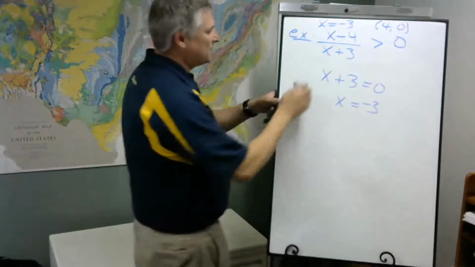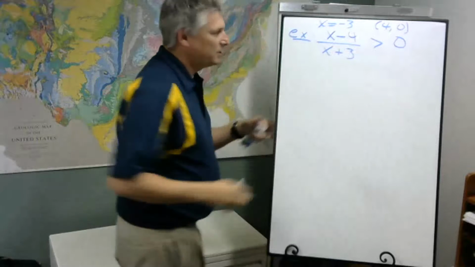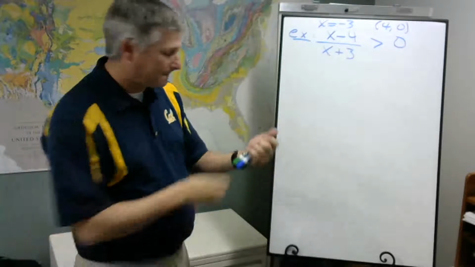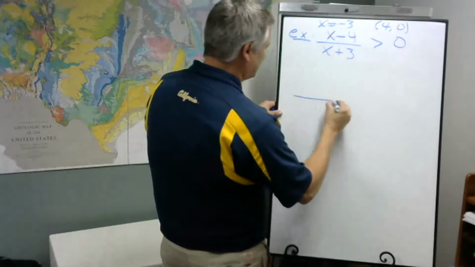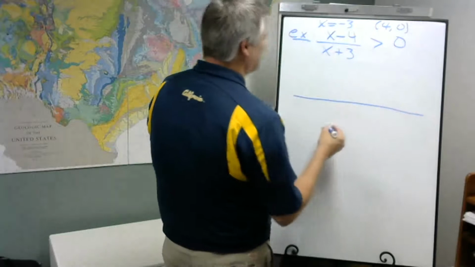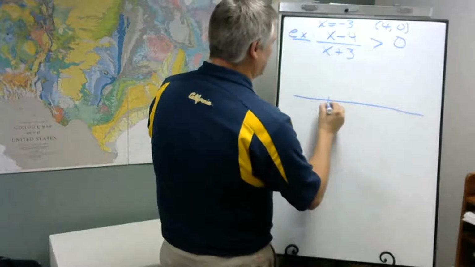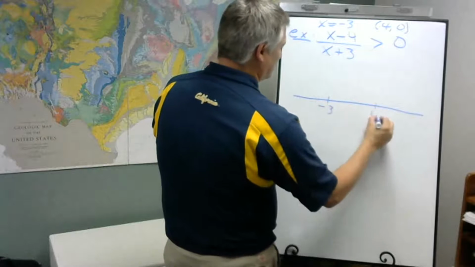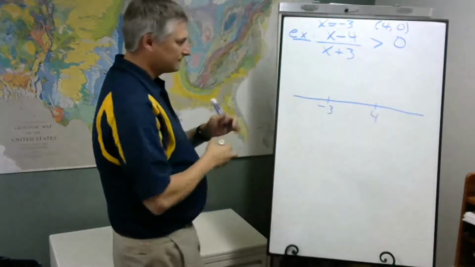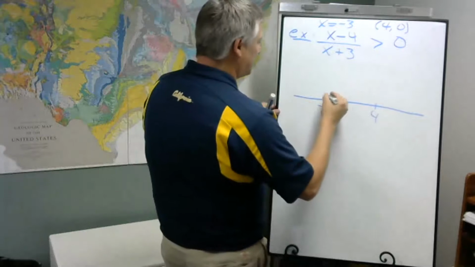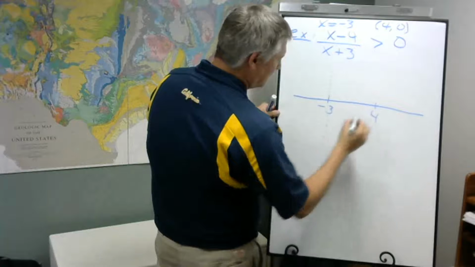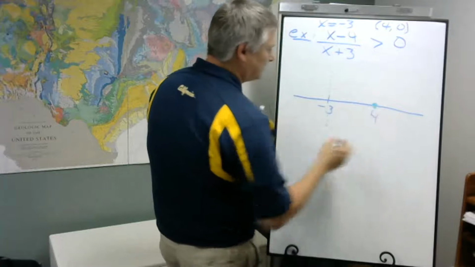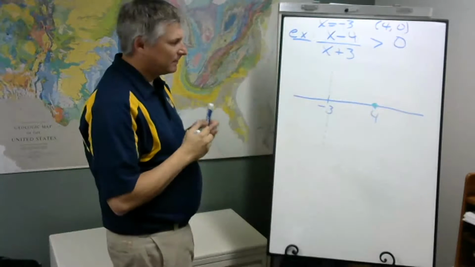So these are the places that we could expect a change in sign. So if we take our x-axis, -3, +4. So we have a vertical asymptote at -3 and an x-intercept at +4.